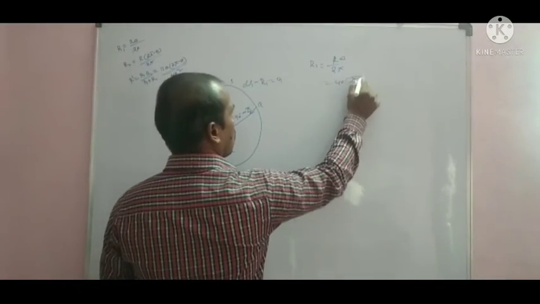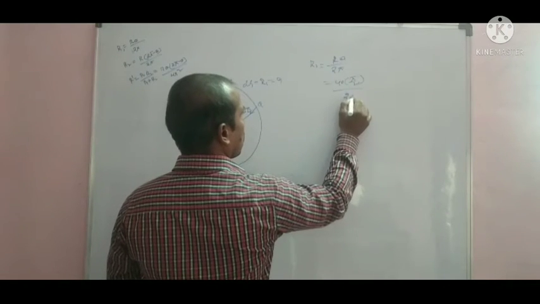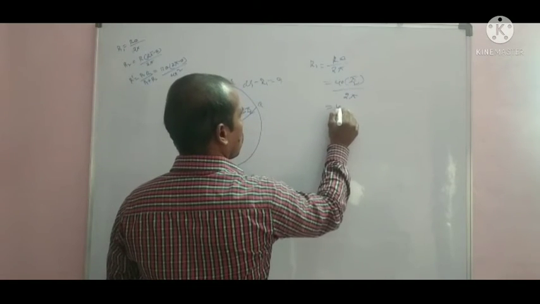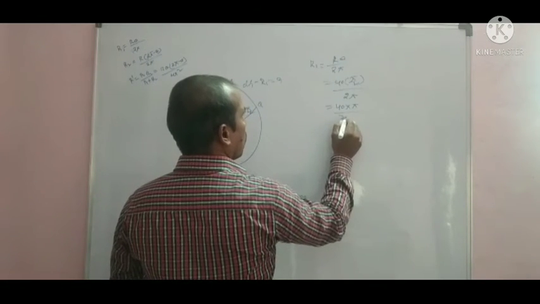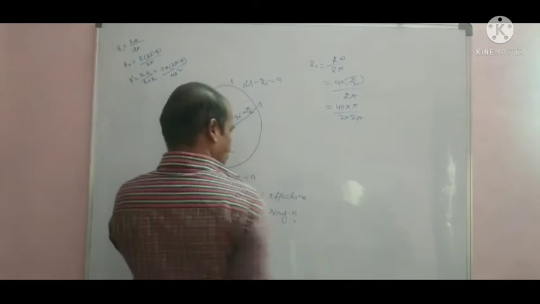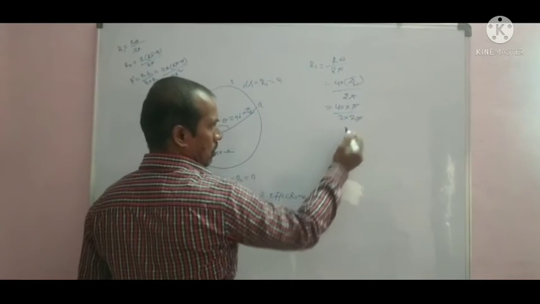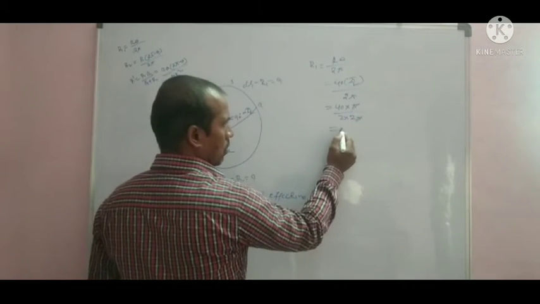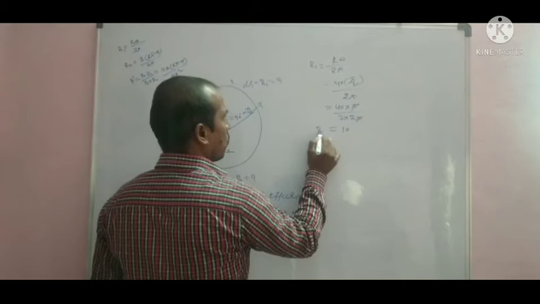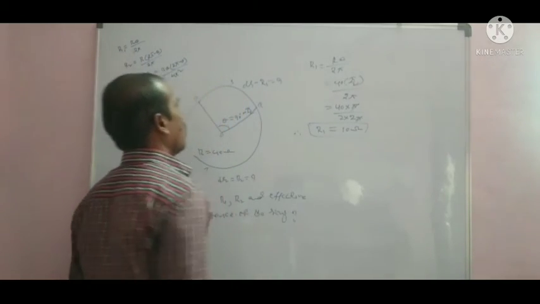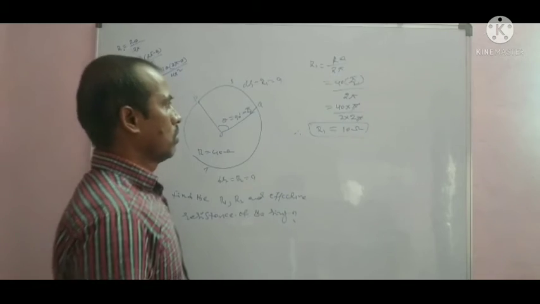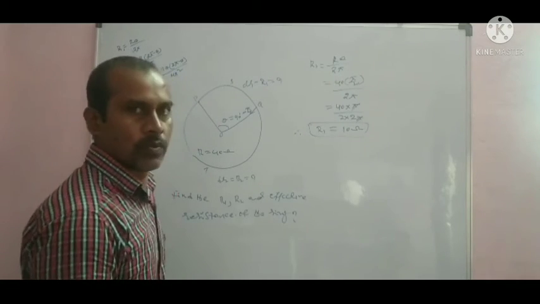So 40 into pi by 2 by 2 pi, that is 40 into pi by 2 into 2 pi. Okay, so pi cancels, 2 into 4, 4 and 4 cancel, so 10 ohm. This PSQ portion, R1 is equal to 10 ohm.